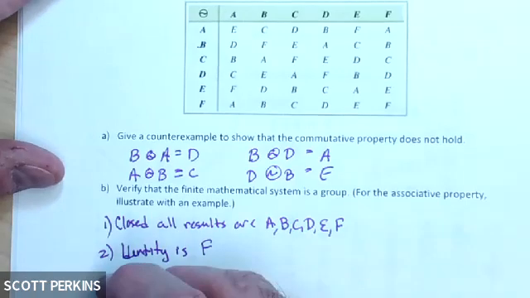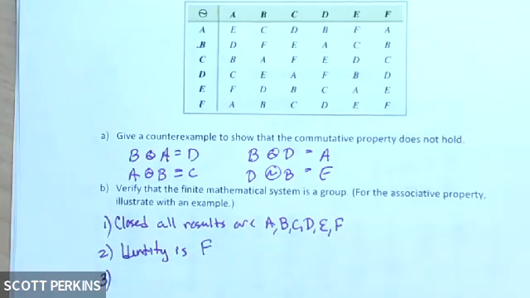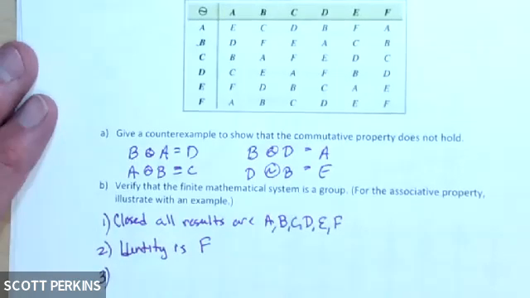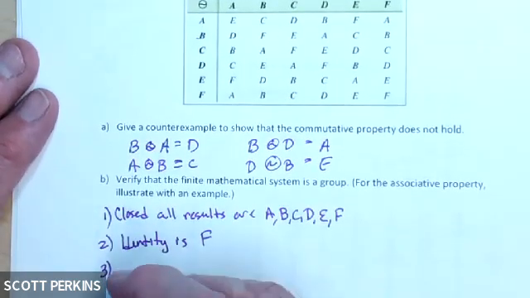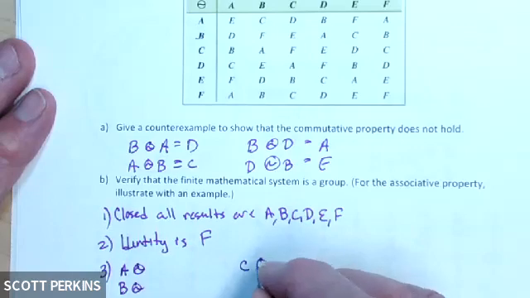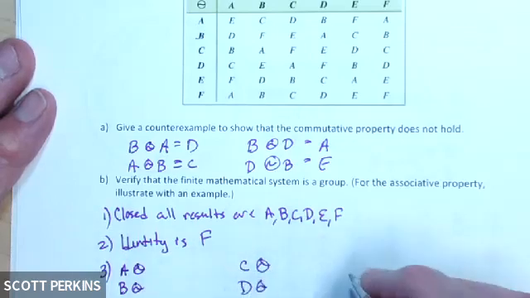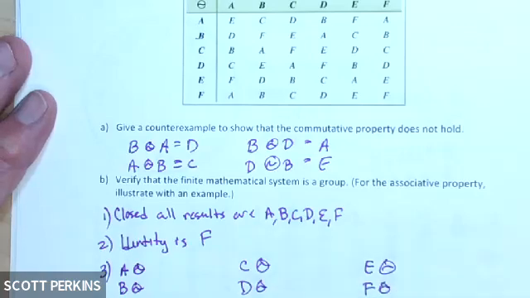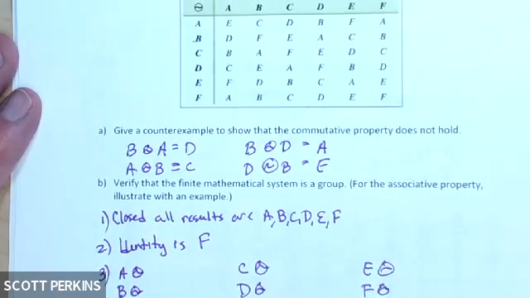The third thing is I have to identify an inverse for each of those elements. So I need to know for all 6 elements, what's the inverse? So let me just write first: A, circle the wave. B, circle the wave. C, circle the wave. D, circle the wave. E, circle the wave. And F, circle the wave. So far I haven't written any pluses on this particular problem.